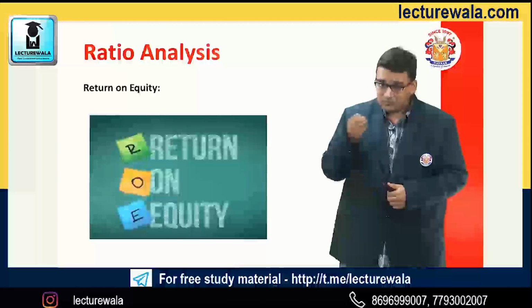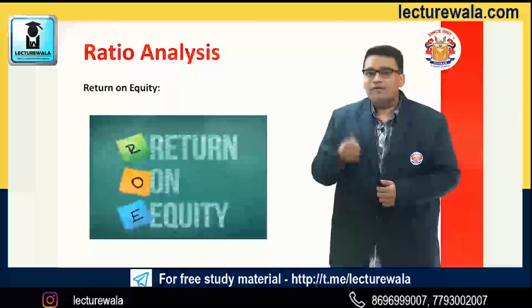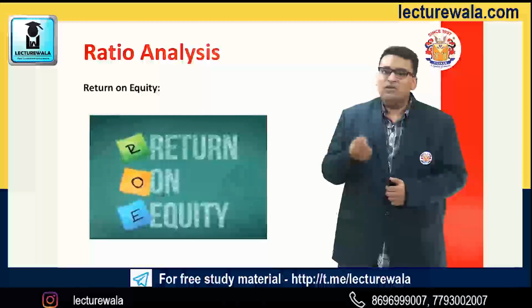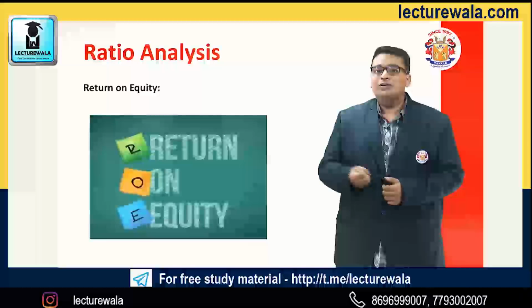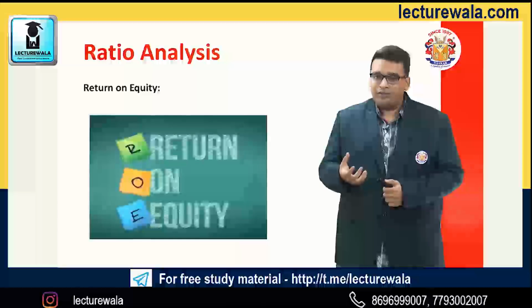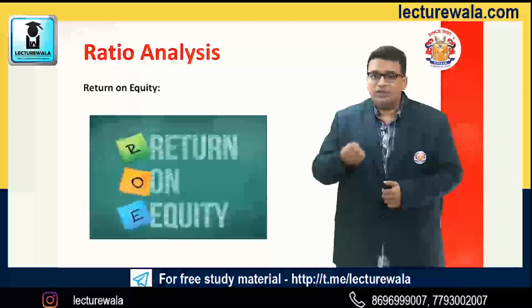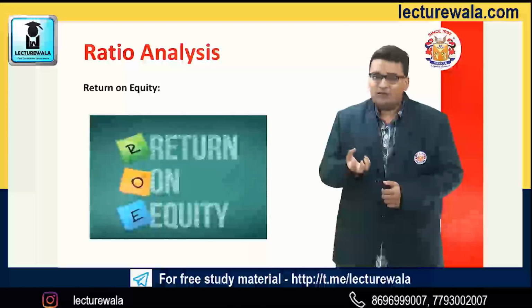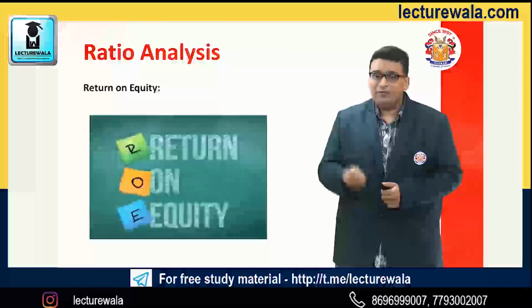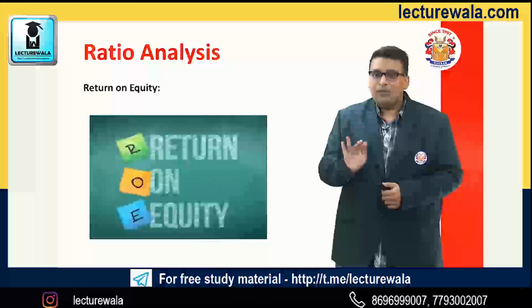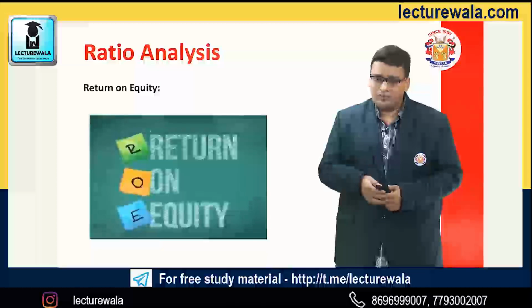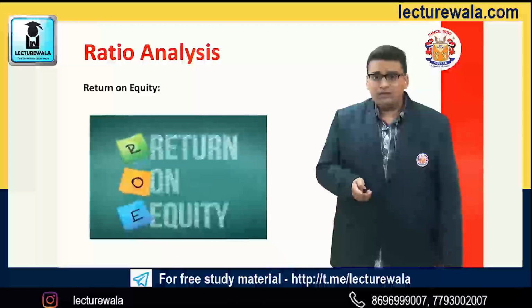Once again, this ratio wants to say, if a shareholder has invested $100 in this company, how much return is generated by the efficient use of those resources, that is $100, by the company for the betterment of the shareholders, and this is being shown by the return on equity.